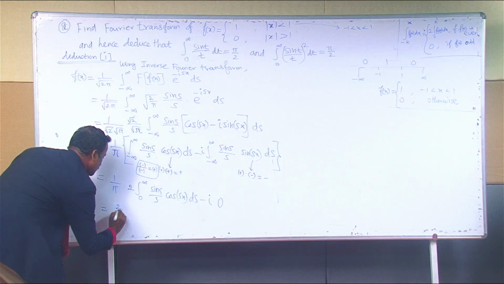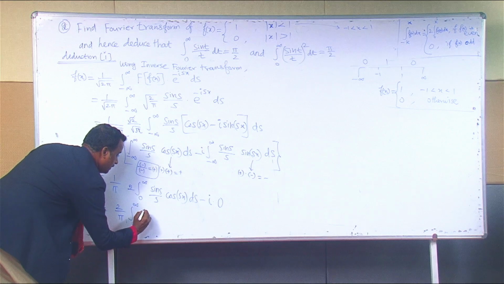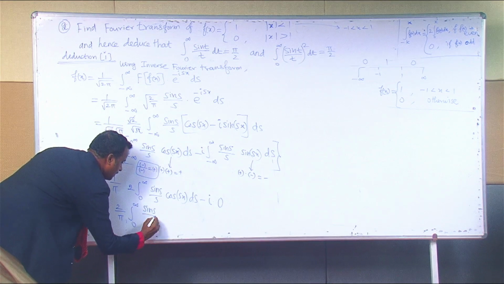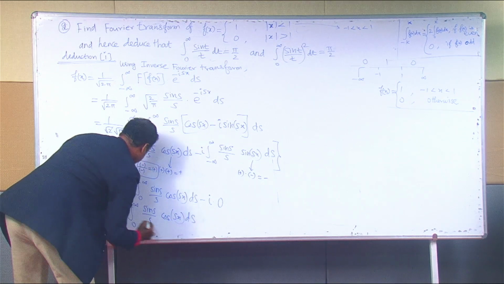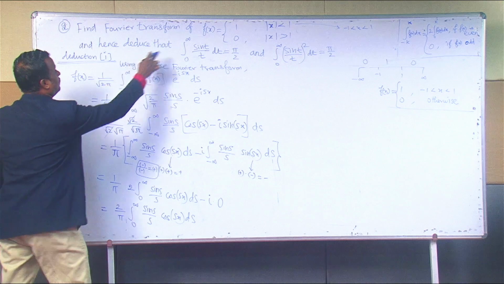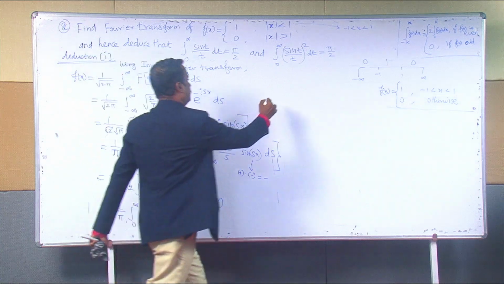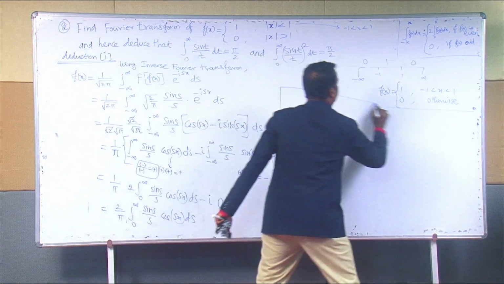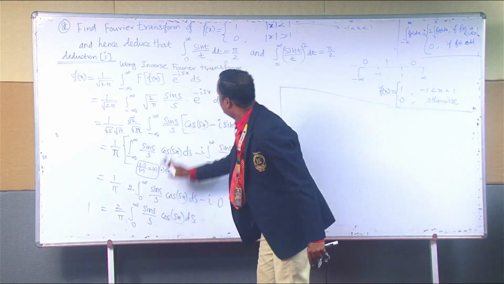So, we can write it as 2 by pi integral 0 to infinity sin s by s cos sx dx ds. Here what is f of x given? 1. Okay. How to prove the first part of the problem? To prove the first part of the problem, we have s here, whereas here t.